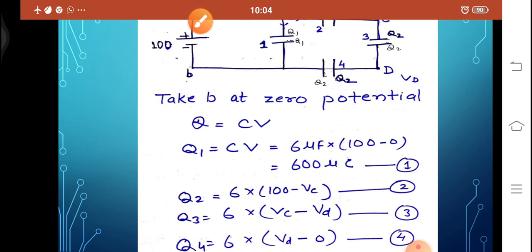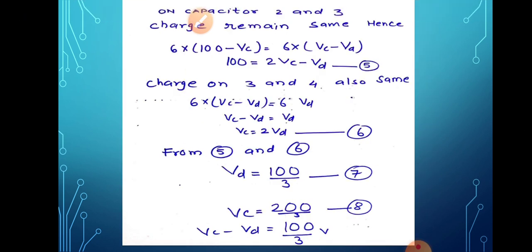So we have 4 equations by using Q equal to CV. On capacitors 2 and 3, charge remains the same, so equating these two, we will get equation 5. Similarly, by using 3 and 4, we will get Vc equal to 2 Vd.